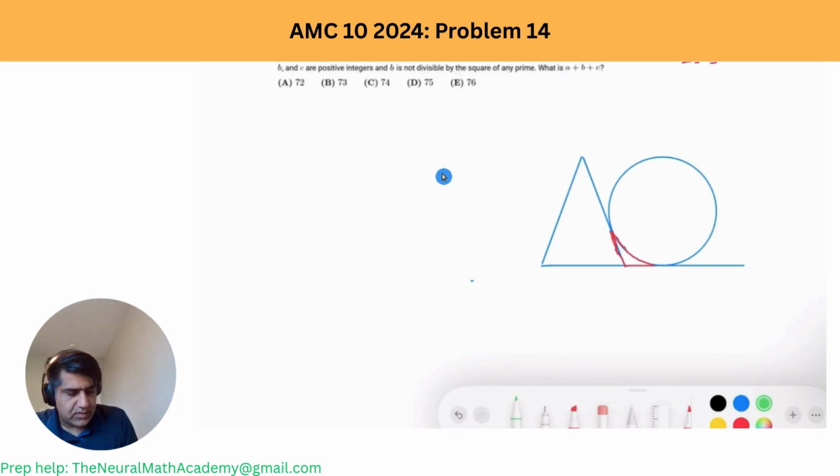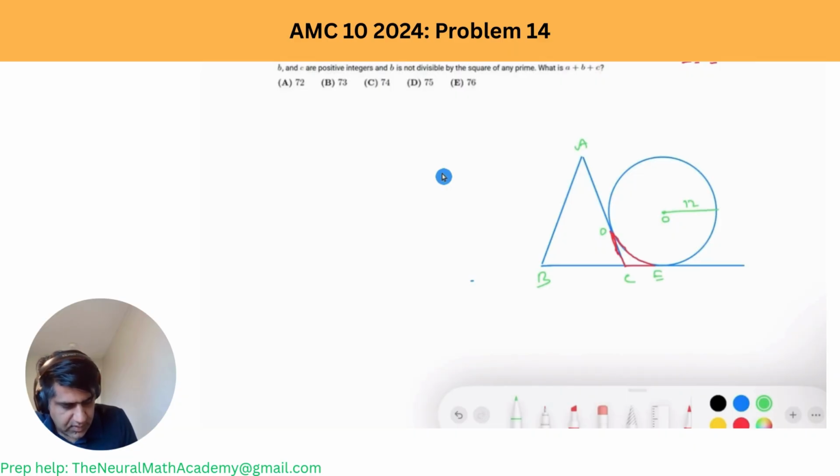So let's first label this triangle and also the circle. Then it would be easier to work with. So let's say I call it A, B, C. This is then, let's go D, E. This is the origin. I'm just gonna call it O. And this is 12.